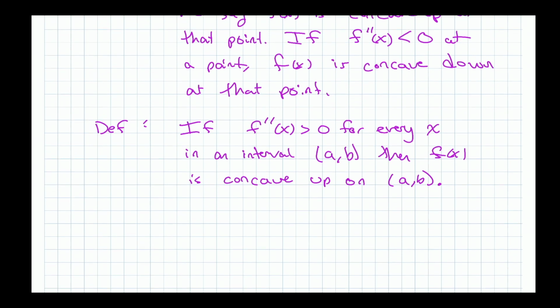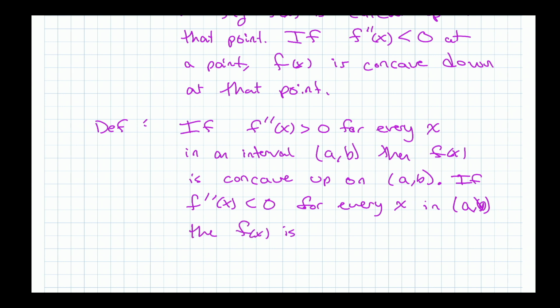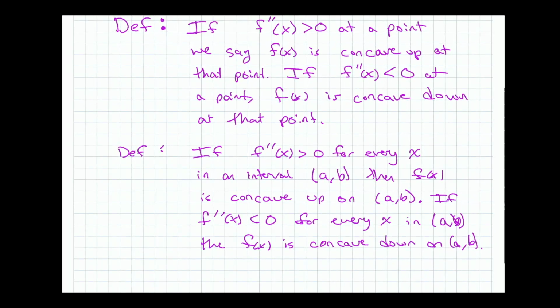And similarly for concave down: if f double prime of x is less than 0 for every x in an interval (a, b), then f of x is concave down on (a, b). All right, so that's the mathematics. It just has to do with the sign of the second derivative.